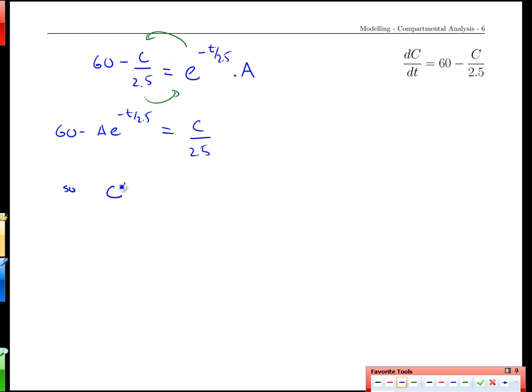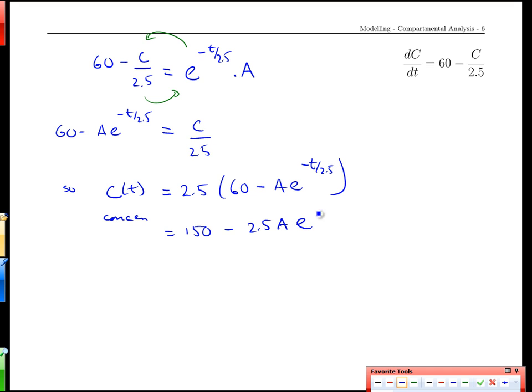And finally, our solution, concentration, that's what C is here, is going to equal 2.5 times 60 minus A e to the minus t over 2.5, better known as 150 minus 2.5A e to the minus t over 2.5.